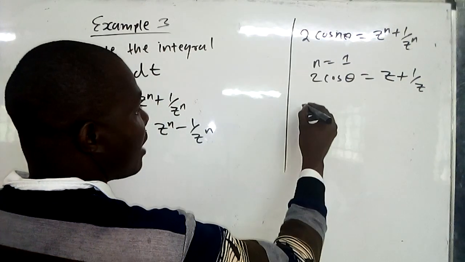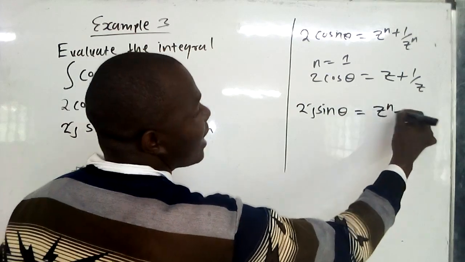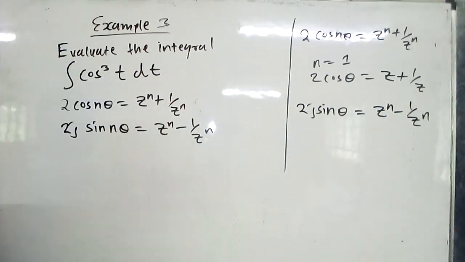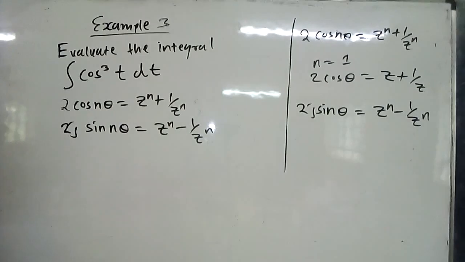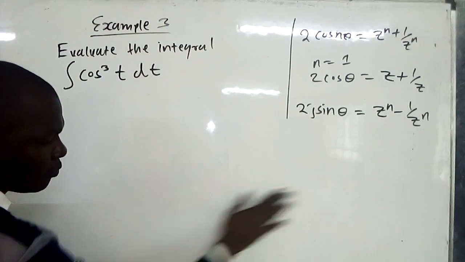Then we also have, when you have 2j sine theta, this is equal to z^n minus 1 over z^n. That is what you have.